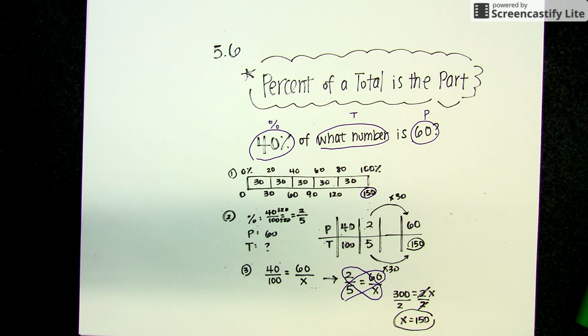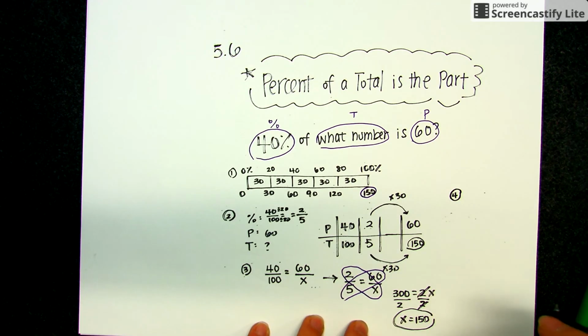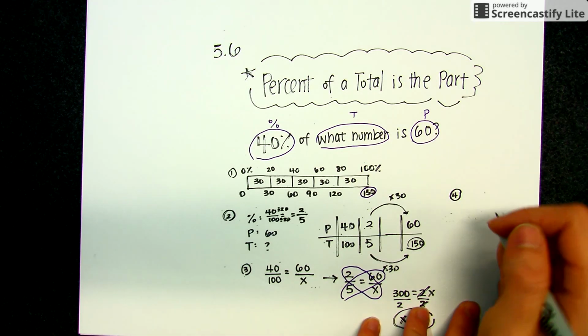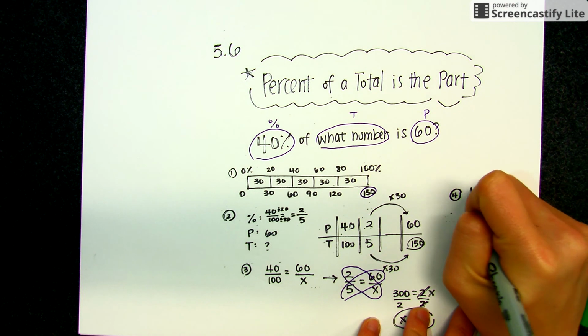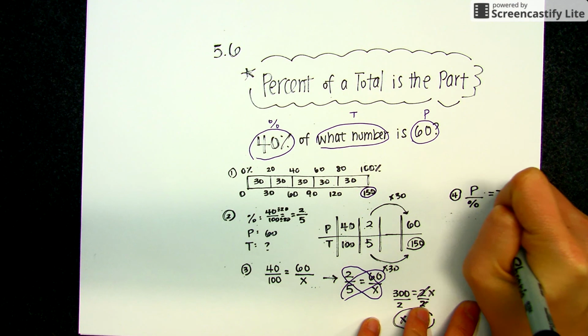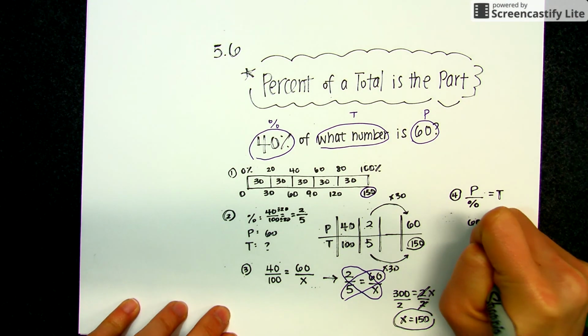And then there's the fourth way, which is the multiplying way. I actually do not like this way, but if you like it, go for it. Usually people who do way number 4 tend to make a mistake. The formula is P over percent equals T. So now, plug it in.